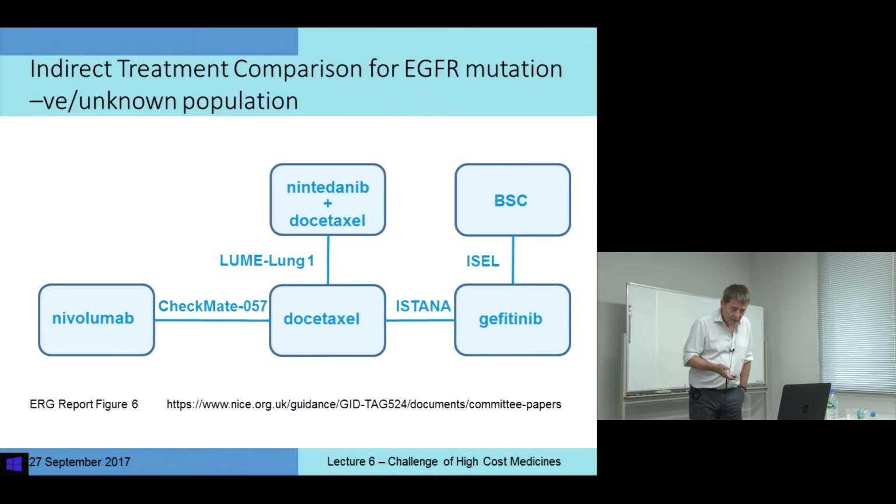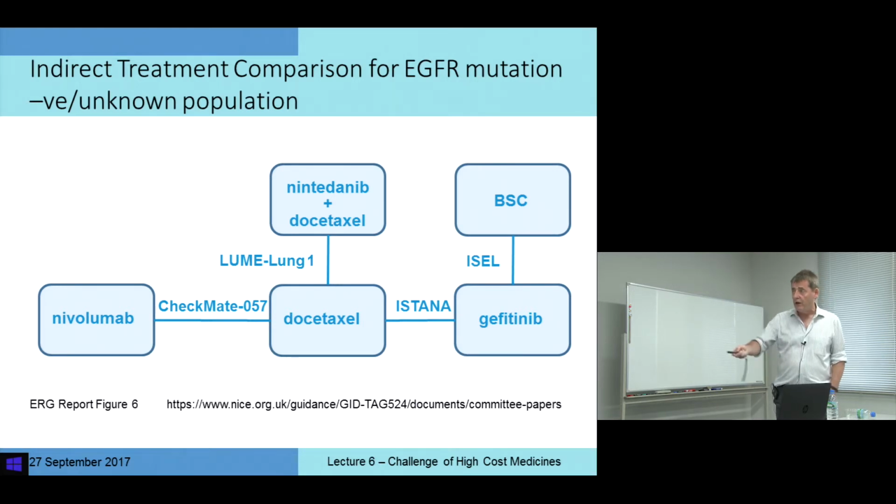Indirect treatment comparison. So this was a case of nivolumab, and we wanted to see a comparison of nivolumab against nintedanib and docetaxel, and possibly nivolumab against best supportive care. But the trial we had, called CheckMate 057, was nivolumab against docetaxel.